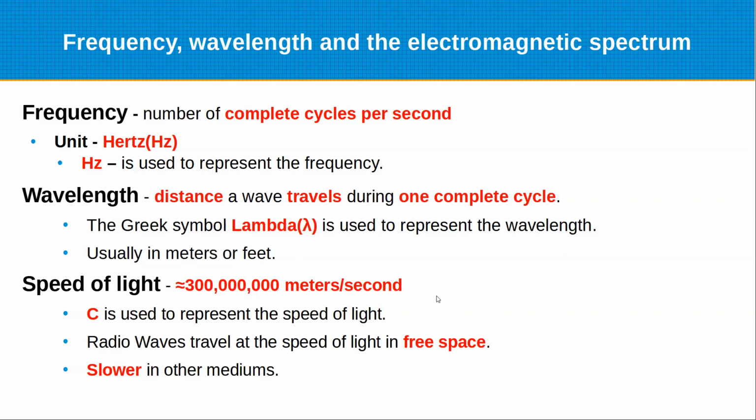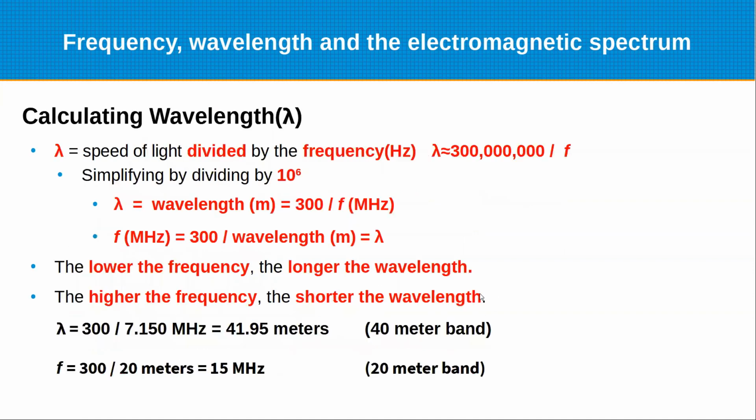So it makes the formula real simple. And it only travels at that 300 million in free space, which basically means a vacuum. To calculate it, we use the symbol lambda, which is that funny looking thing.